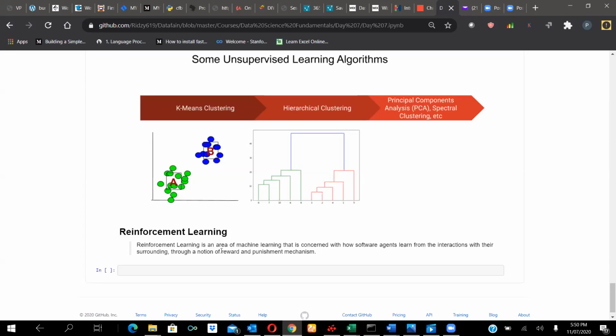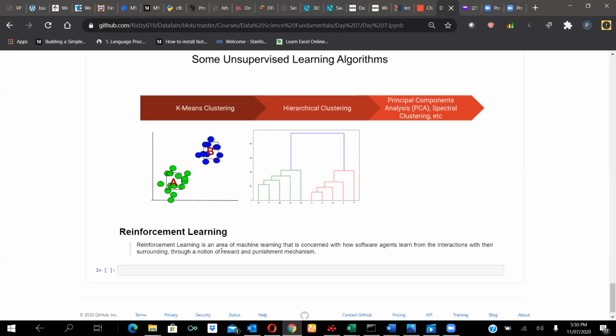Now, bring that kind of ideology into the area of machines. Reinforcement learning is going to be learning based on interactions with its environment. It is what it sees happening in the environment that it's going to use. It works based on rewards and based on punishment.